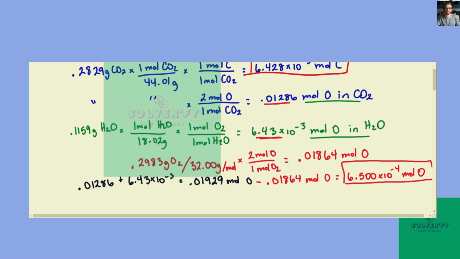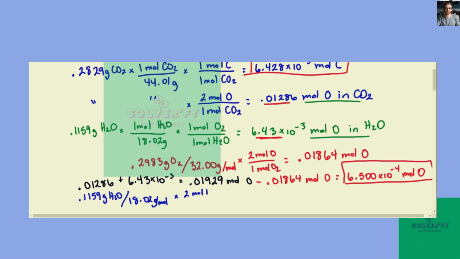So we're really copying what we did up at the top, but it was up in this green section. 0.1159 grams of water. I'm going to divide it by 18.02 to get it into moles. And now in this part, I'm changing this into moles of hydrogen.